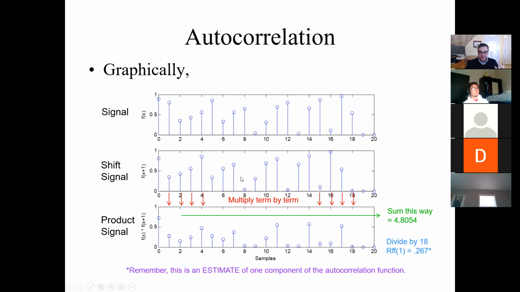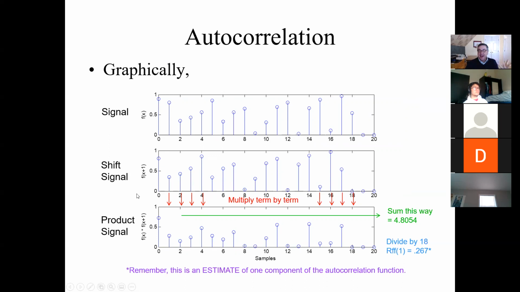What did I do? I shifted it that way. It might matter which way I shift, but they're just two different estimates. I shift it by 2 and do the same procedure. But you'll notice I'll have one less example to work with when I shift it by 2.